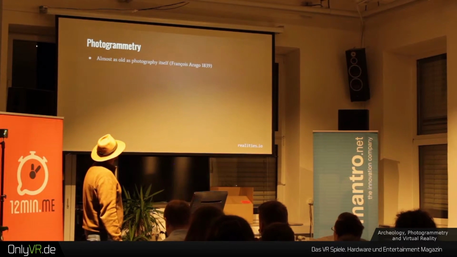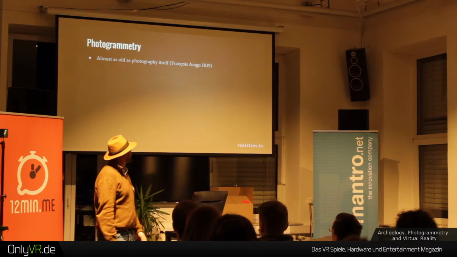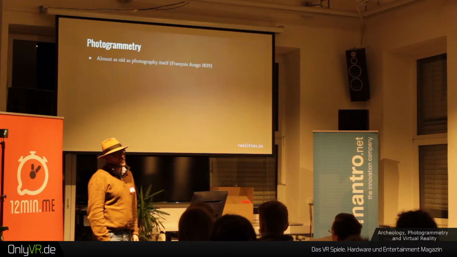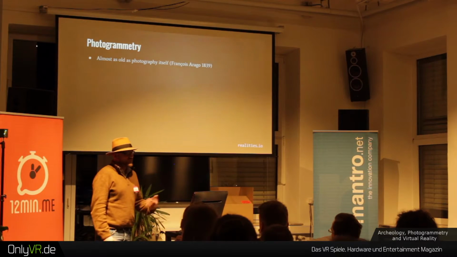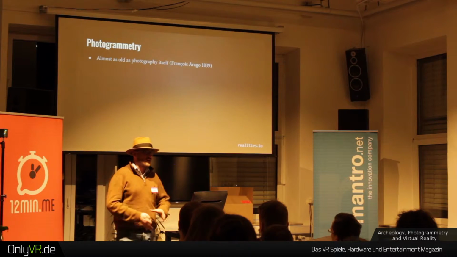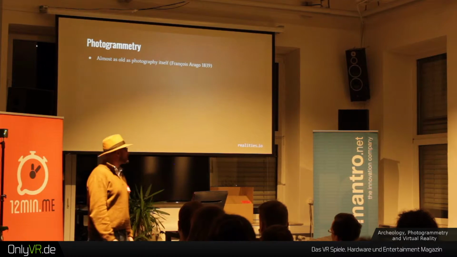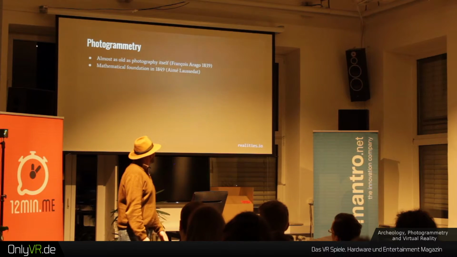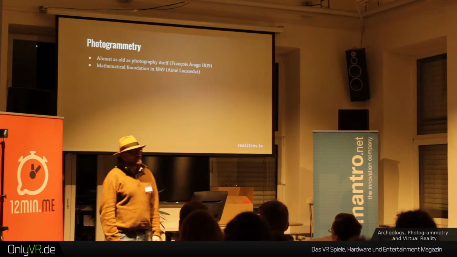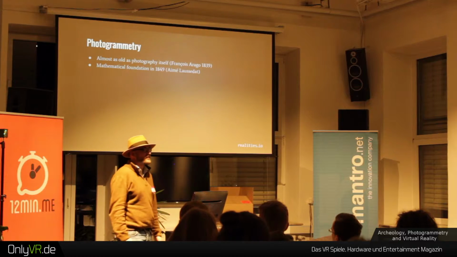Photogrammetry is almost as old as photography itself. When François Arago first showed the camera obscura to the Institut de France, he also mentioned that it could be used for measuring archaeological finds and architectural details, and he was proven right already in 1849, when the mathematical foundation of photogrammetry was laid by Aimé Laussedat.